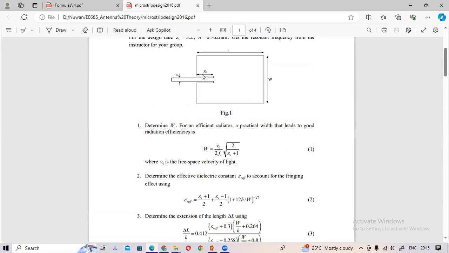So this is Y0. You can see that this is selected as Y0. And here the Y is 0. This Y0 is in the L direction. As I can remember, this L is in the Y direction. So this is the Y direction.